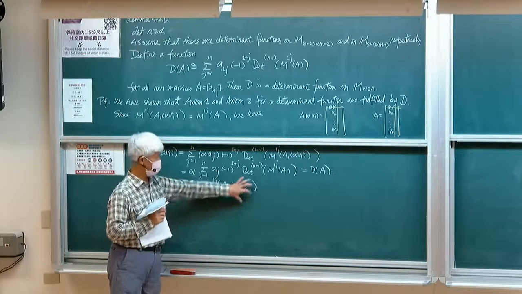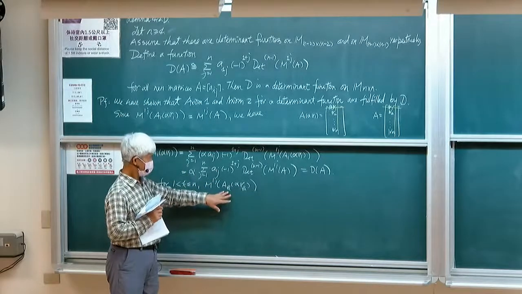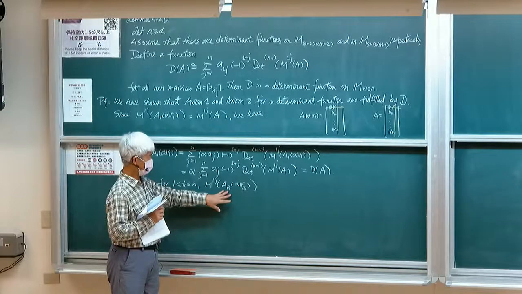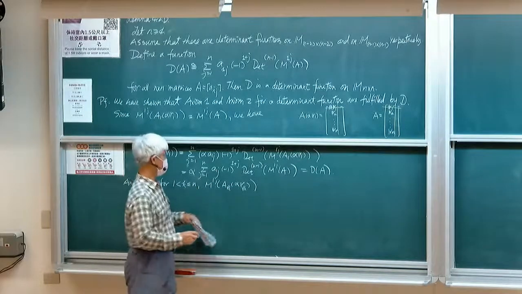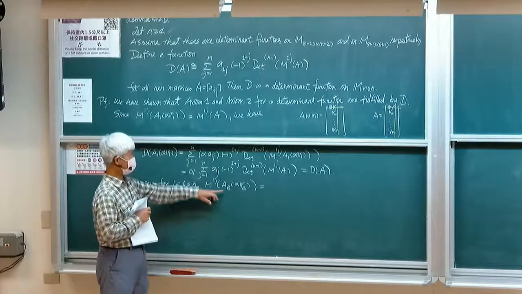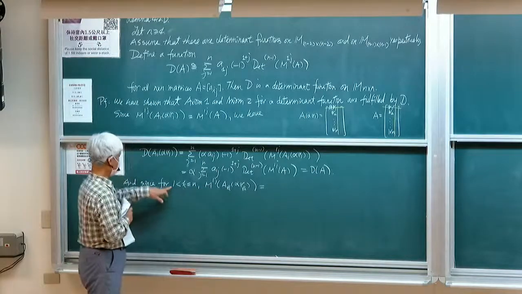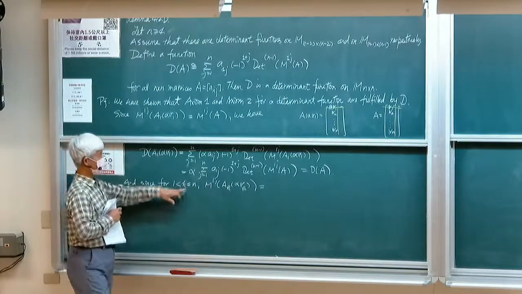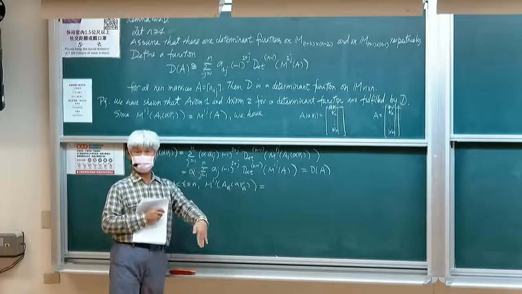So the effect is that we do the scaling on the k-th row of A. And since the scaling is on the k-th row, and k is greater than 1, if we remove the first row, the scaling is still there.